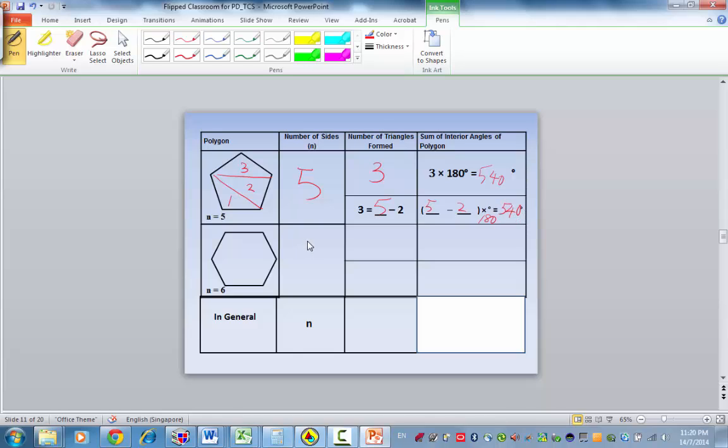Now for a 6-sided polygon, number of triangles formed will be, let's choose a point again. Will be number of sides minus 2, which is 4, hence the sum of all the interior angles will be 4 times 180, which is 720 degrees.